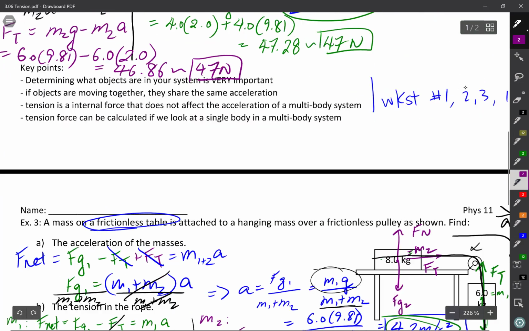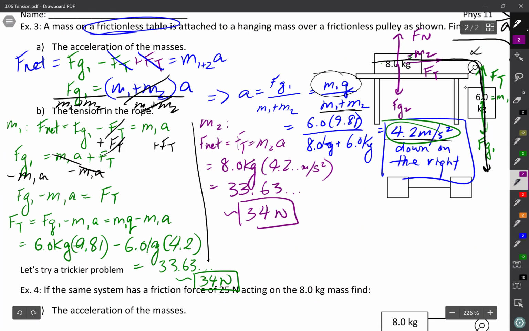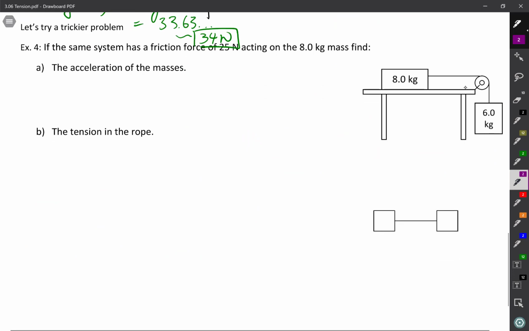It's almost exactly the same as example 3, except you have one extra force in your F net equation. If you want me to go over it afterwards, pause the video, try the example, and then come back and watch the video if you feel you need some help. Here's a chance to pause.